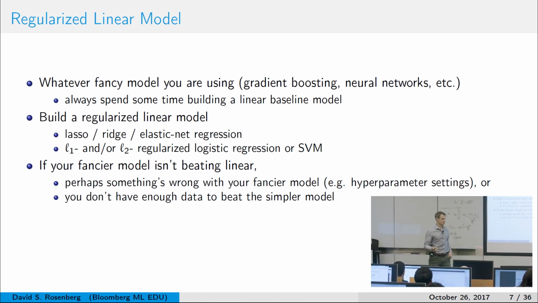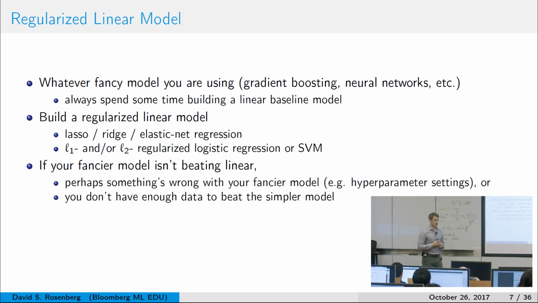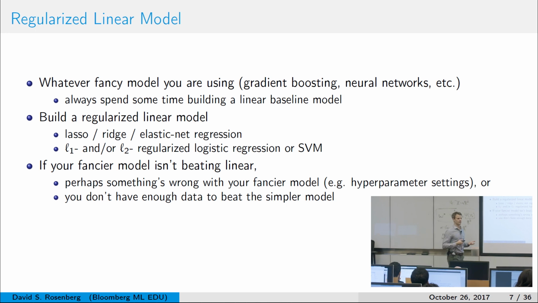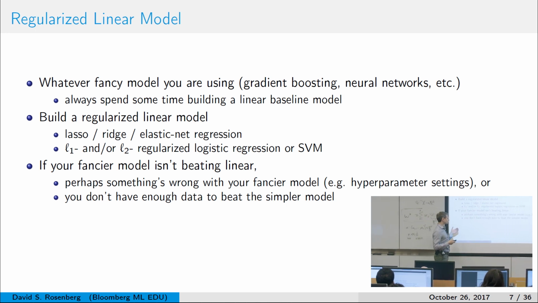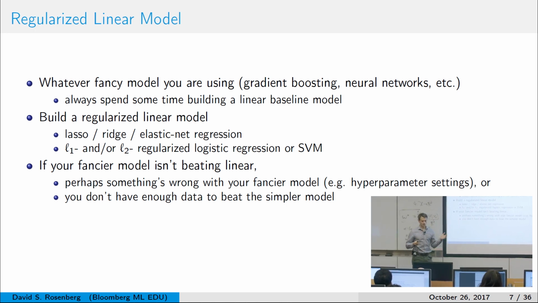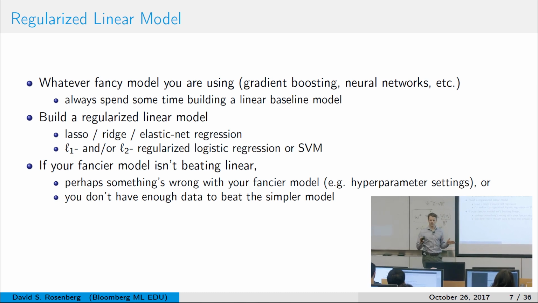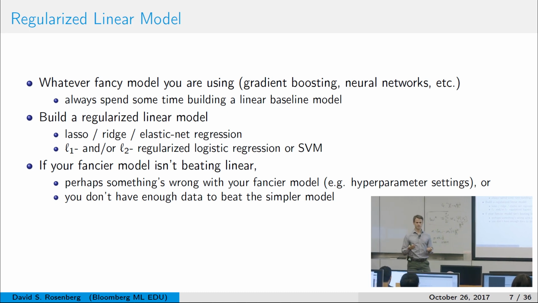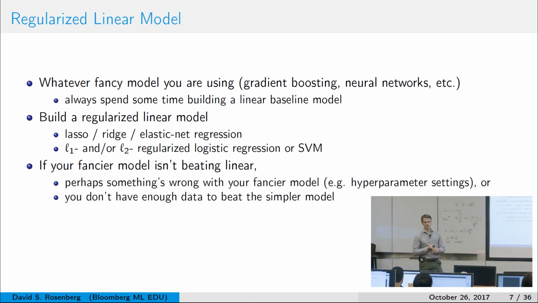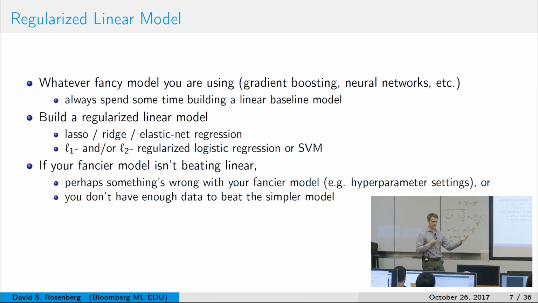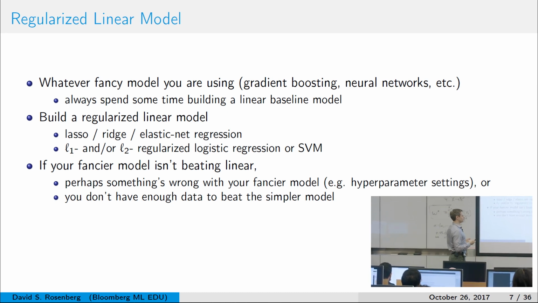Maybe you need to change some hyperparameters or something. Maybe you just don't have enough data, or maybe it's just not the right fit. Maybe a linear model is actually the right fit in the particular setting. But not beating your baseline models, that's a warning sign that something's not quite right. And when you have these very complicated models, it's good to have some signposts, like I should be able to at least do this well because I have a simpler model that does that well.